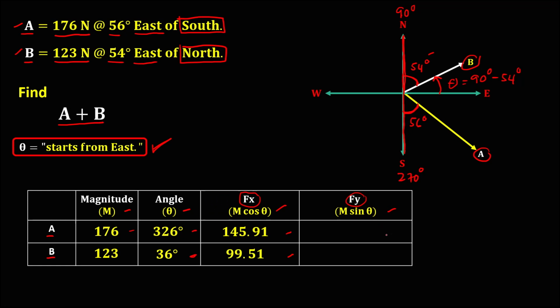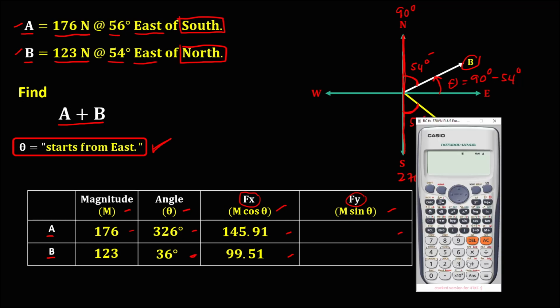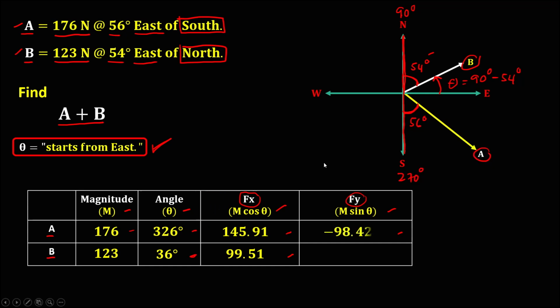Then for the y component for vector A, we have the magnitude 176 times sine theta, and theta is 326 degrees. So the y component for vector A is negative 98.42.